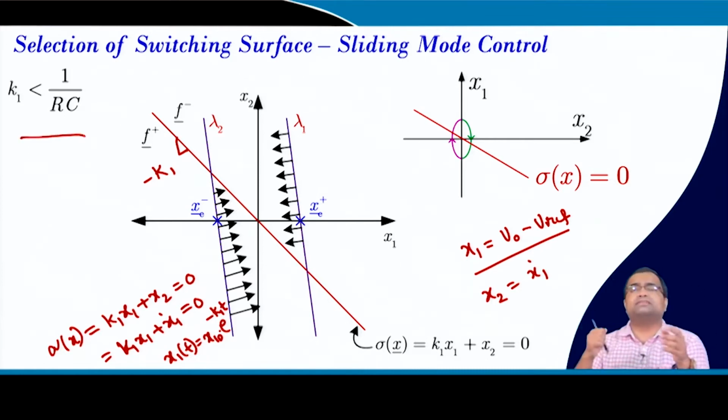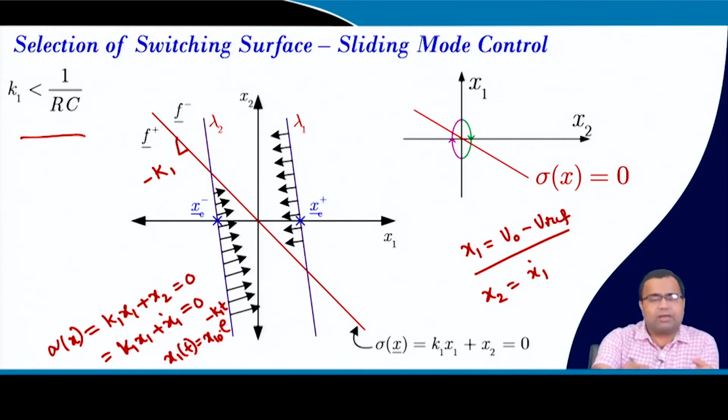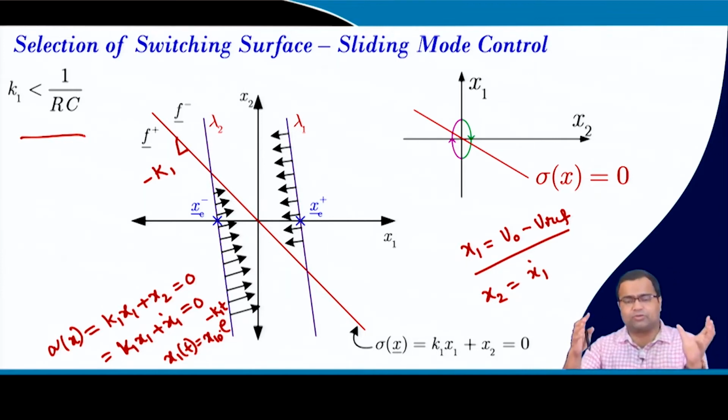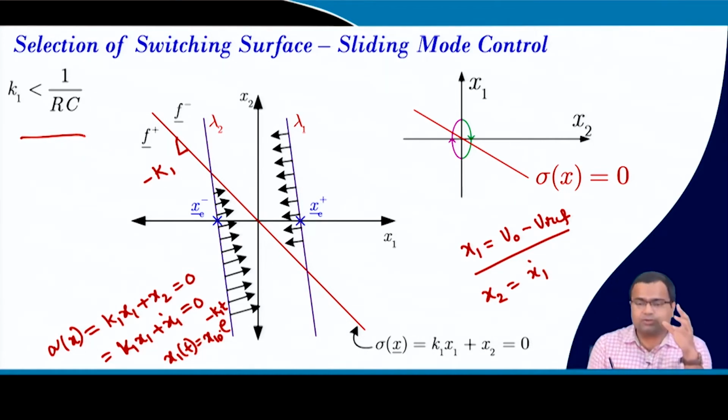The smaller slope will result in an overdamped system, and we have already discussed this in the context of sliding mode control, and also the boundary control concept that we are going to take. So, it will be like a reflective region, that means on both sides the trajectory will be towards the switching surface.